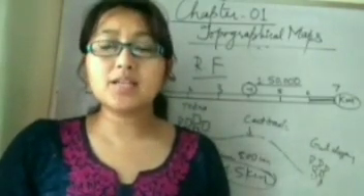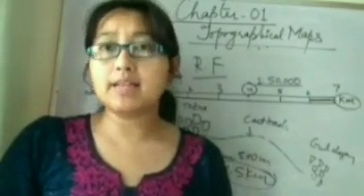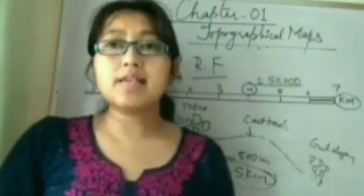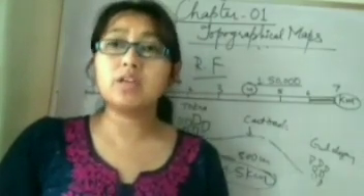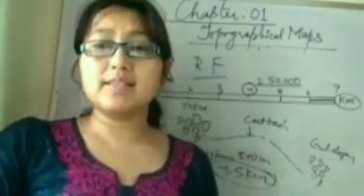Let's begin our class with the question: find out the slope of the land, which is given in the topographical map, exercise number 3. For this, we need to refer to appendix number 3. So let's get started. For the general slope, you'll see the contour heights given here in brown color.